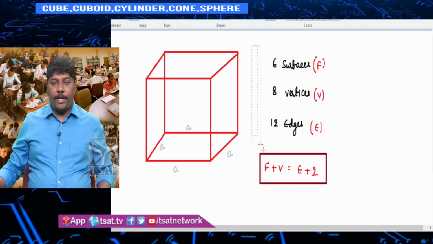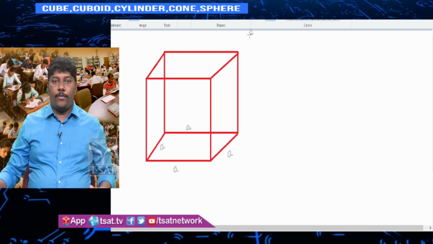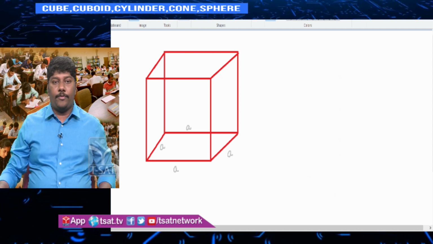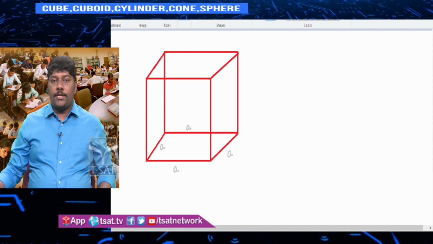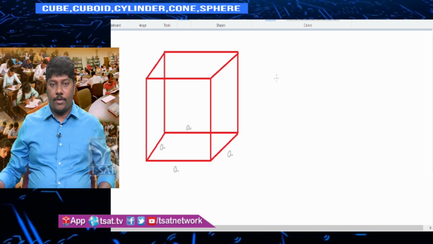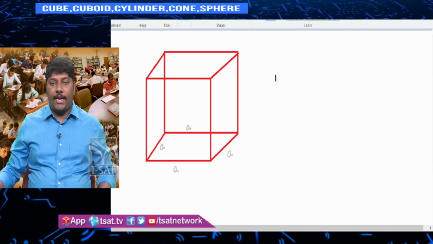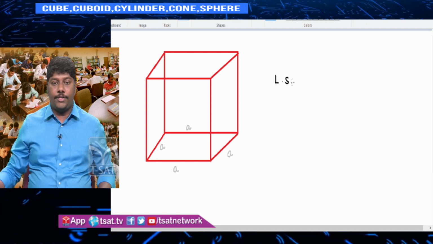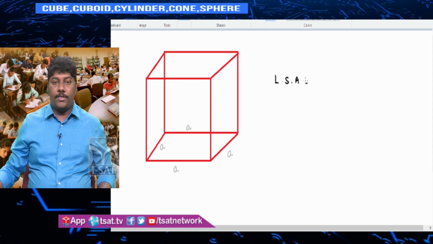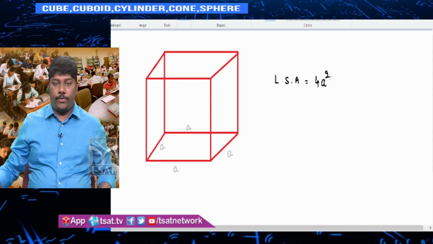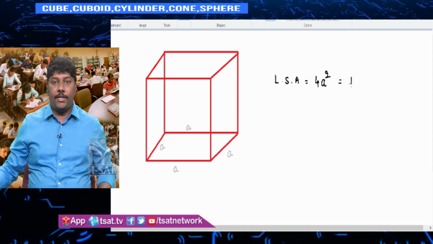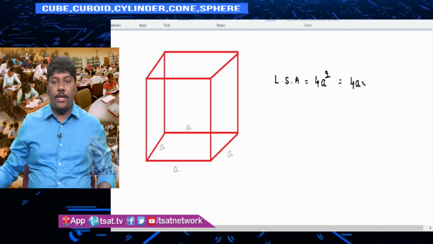Now, we are going to find out the lateral surface area, the total surface area and the volume of this cube. We know a cube is a square prism. Lateral surface area is the 4 walls, all 4 of them squares, therefore 4a square. You can also say base perimeter of a square, 4a, into height.